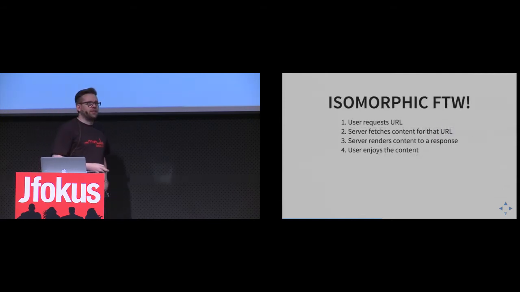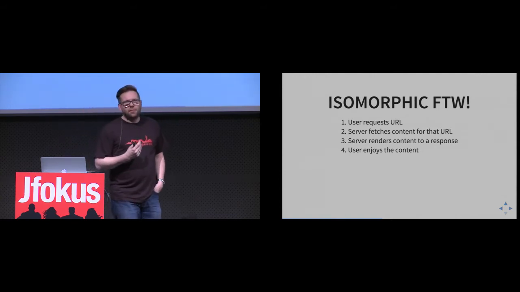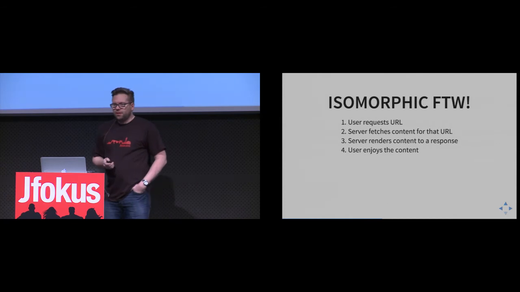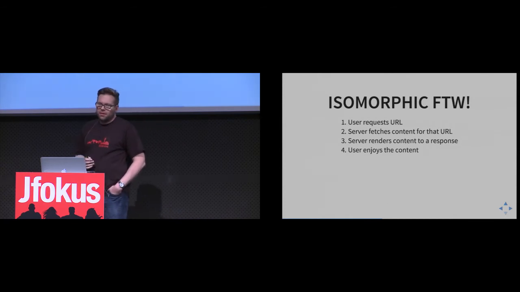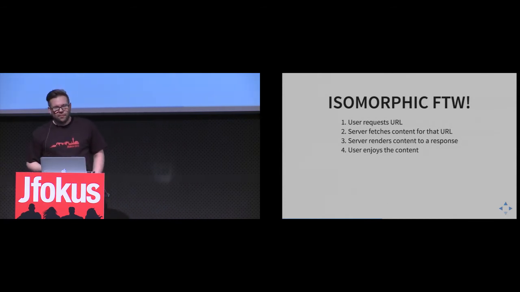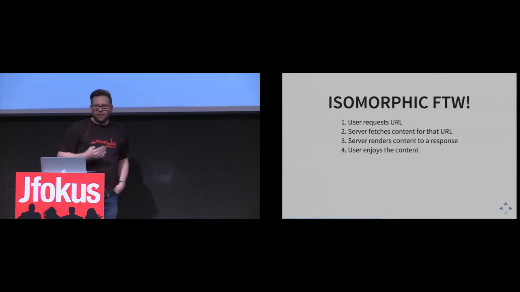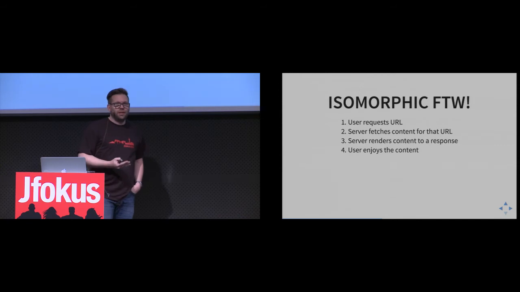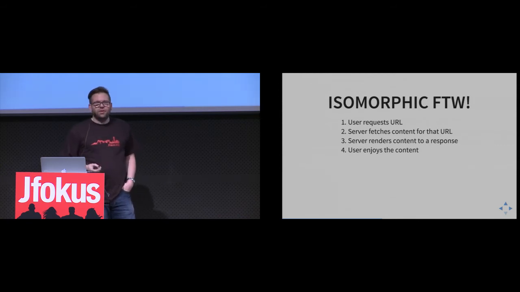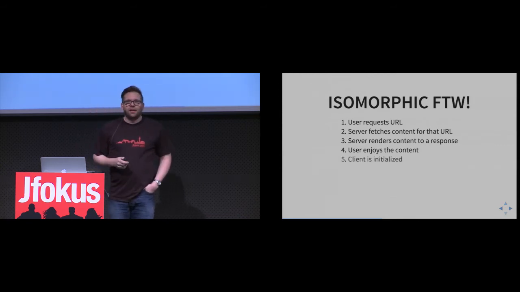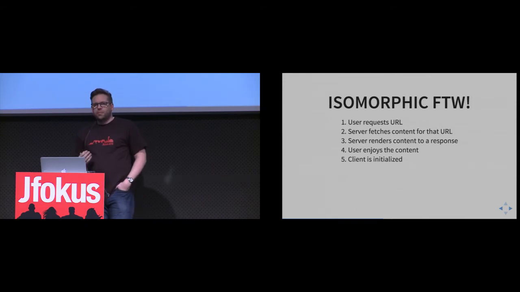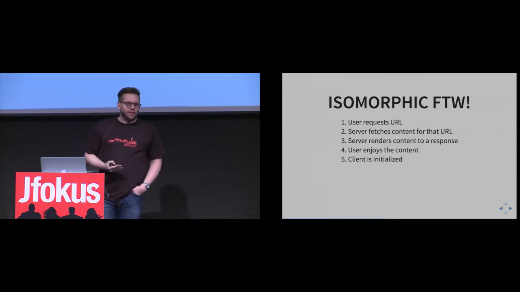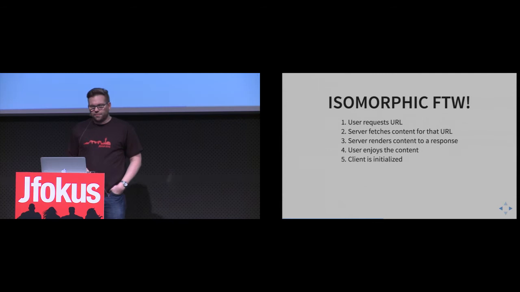And so isomorphic comes into play. The best approach might be if the user requests a URL the first time, the server fetches the content, renders the content to a response, and sends it to the client. And while the user enjoys the content, your JavaScript application can be initialized on the client.